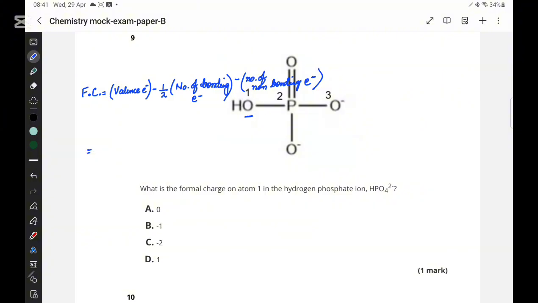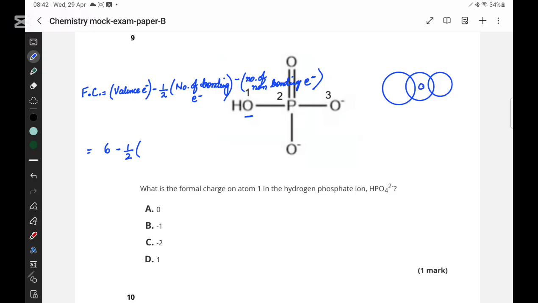So this is the formula. If we see oxygen here, how many electrons does oxygen have in its valence shell? It belongs to group 6, so it has 6 electrons in its valence shell, minus 1 by 2 number of bonding electrons. It is making a single bond with this hydrogen, because let's say this is hydrogen, this is oxygen, and there is a phosphate over there.